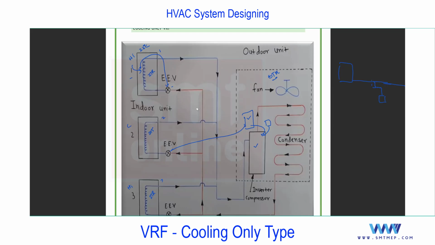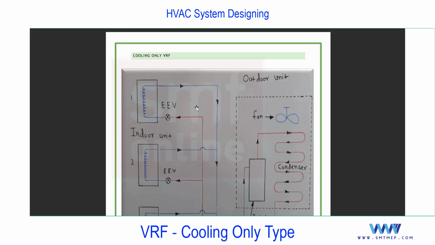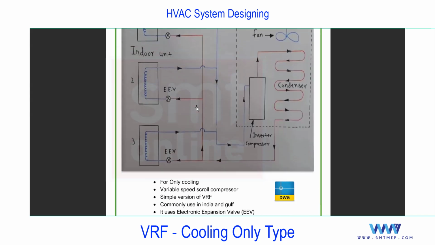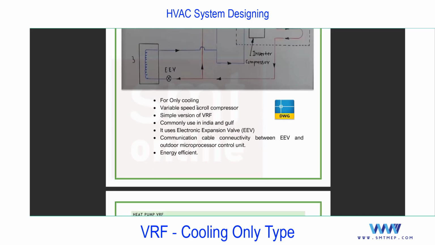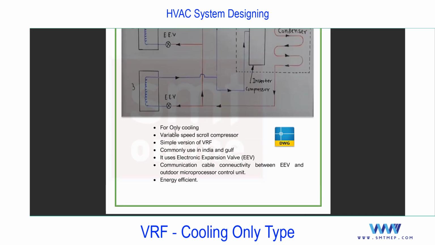Okay. So I think you got the idea how this cooling only VRF system works. Next, we have a few points to discuss, then we'll move to the heat pump VRF system. You see, this cooling only is only for cooling. Variable speed scroll compressor, as we discussed. Simple version of VRF compared with the heat recovery type. Commonly used in India and the Gulf region. It uses EEV, electronic expansion valve, and according to the requirement it will operate.